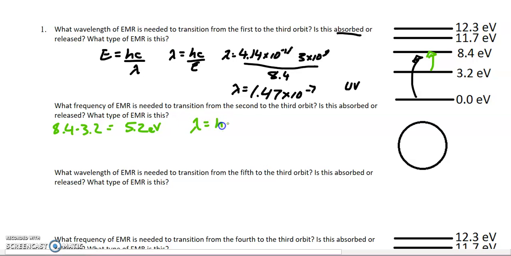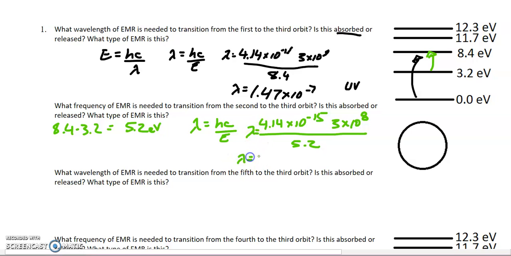Using the same formulas as before, the only thing that changes is that instead of 8.4, we're going to use an energy of 5.2 electron volts, which gets us a wavelength of 2.38 times 10 to the negative 7 meters. Again, that's in the UV range.